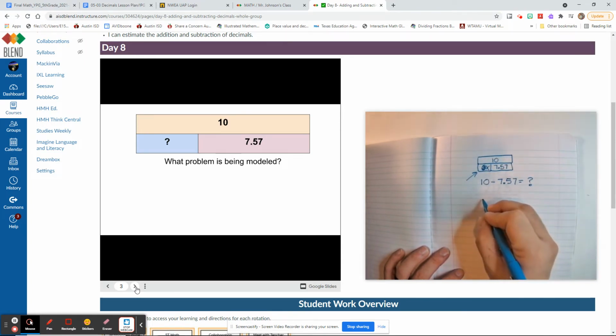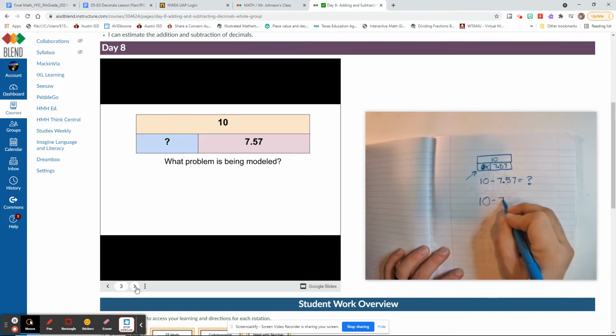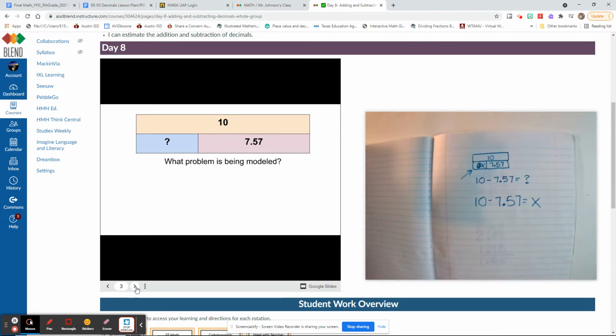And then we could say 10 minus 7 and 57 hundredths is equal to x. And then we'd be looking at an algebraic equation, but they're probably not going to do that. Nope, they didn't. They just made an expression. 10 minus 7 and 57 hundredths.